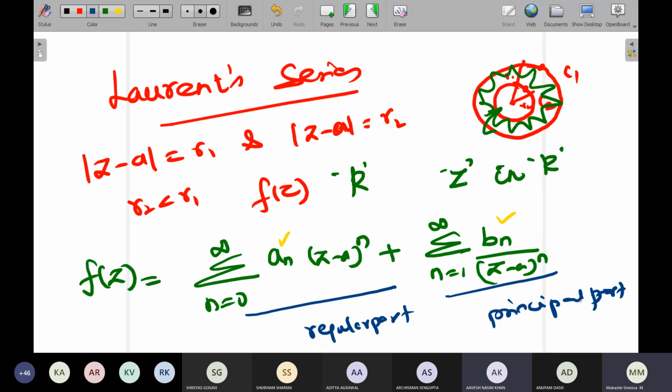That means it's continuous, and the function value exists. If it is differentiable, the function value exists. That's why we talk here only about analytic functions. Is it clear? Yes, ma'am. Okay.